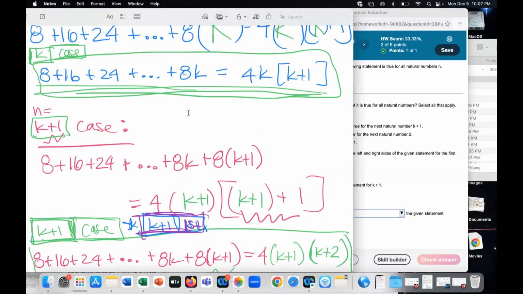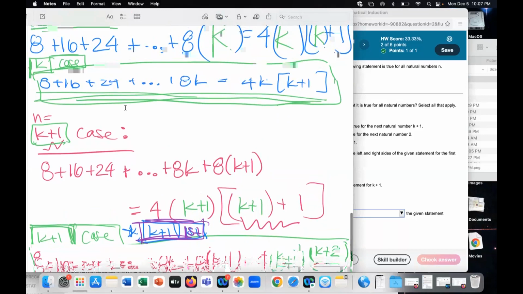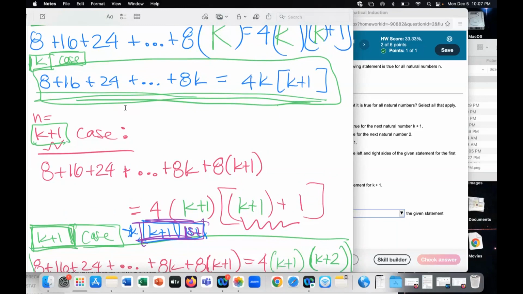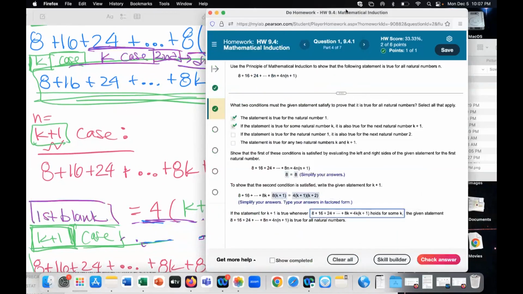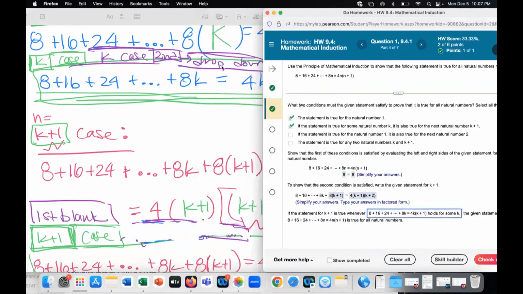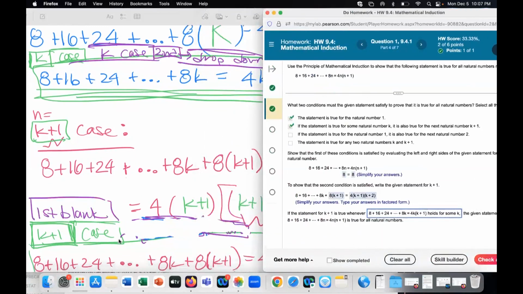And then the k case that we have up here, we're going to pick the drop down that matches that. The drop down that's going to match it is this one right here, as long as that holds for some k. So for the k second drop down, this is the first blank that you fill in.